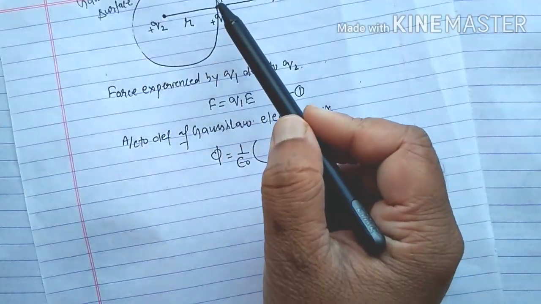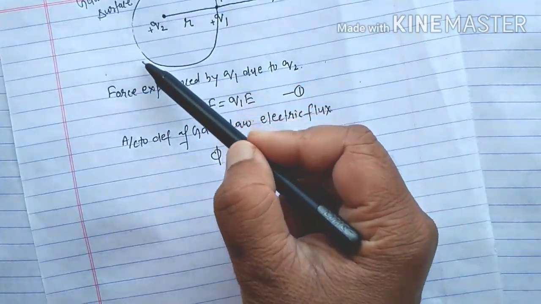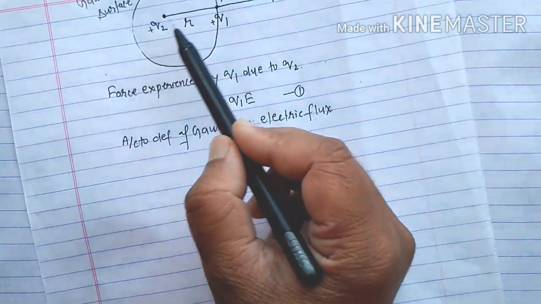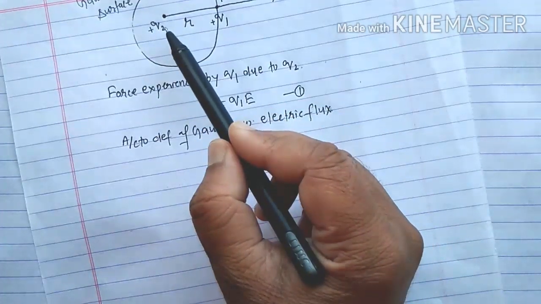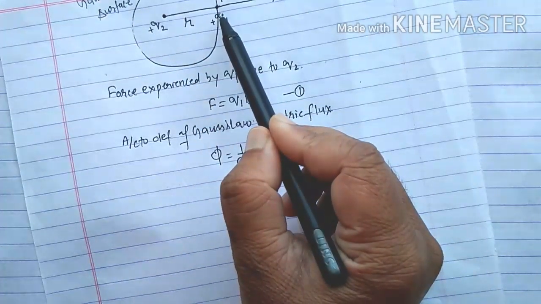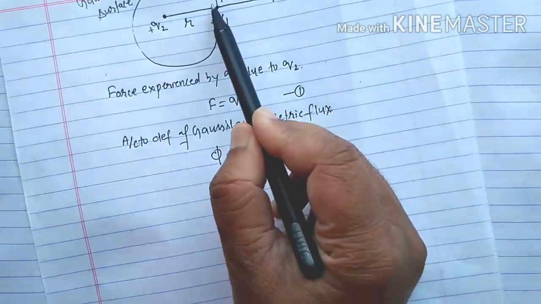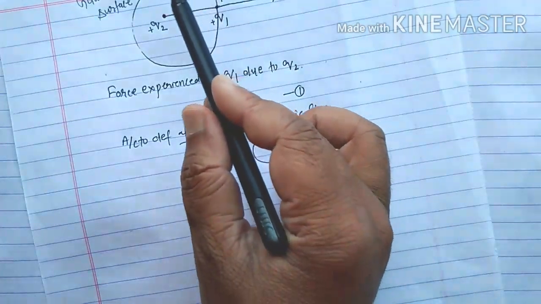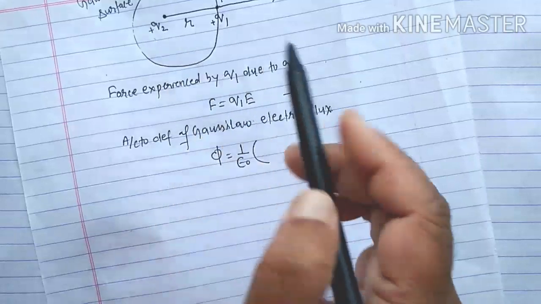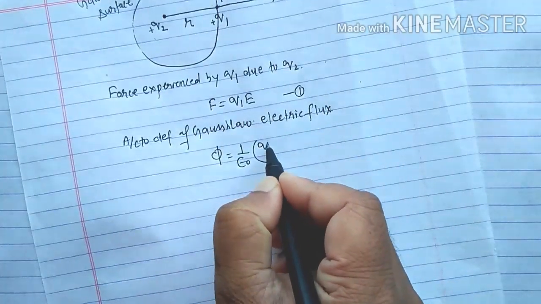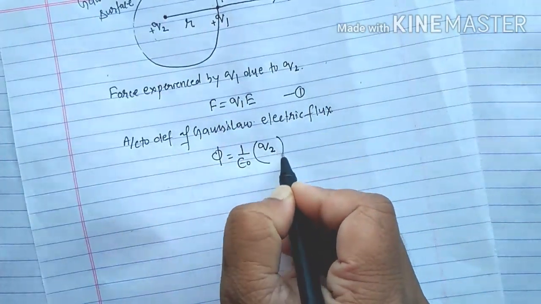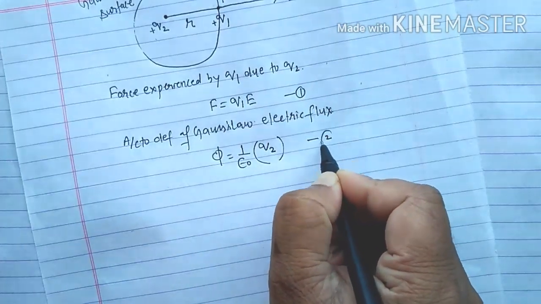And what is the amount of charge which is enclosed in that Gaussian surface? Only Q2. Q1 is not enclosed in the surface. Q1 is that charge which is placed on the surface of Gaussian surface. So charge enclosed in that Gaussian surface is only Q2. Equation number 2.